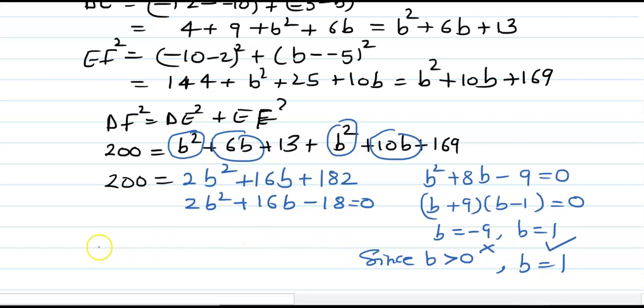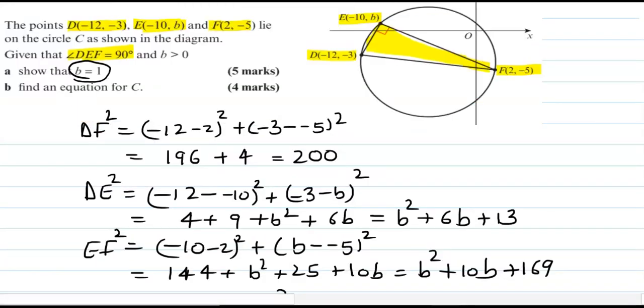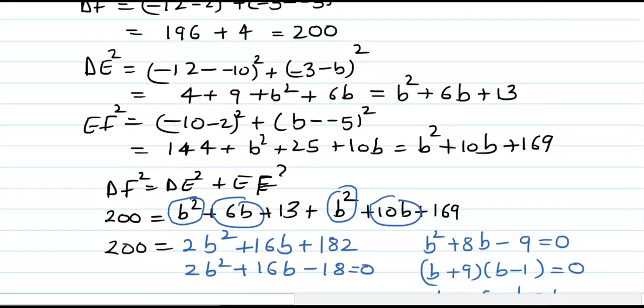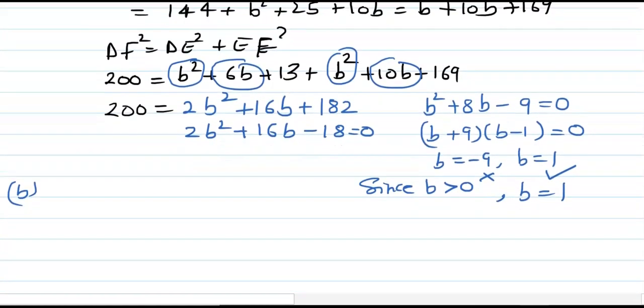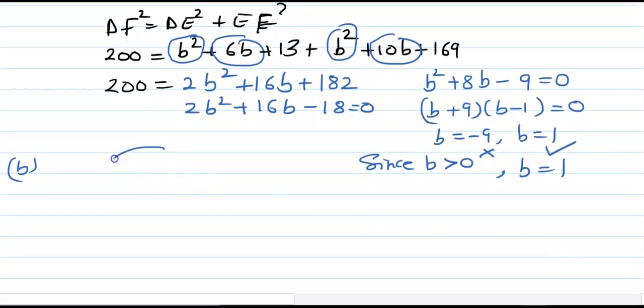That's the first part. Now for the b part, they are asking to find the equation of circle C. So what we need to do now: we have points, we have diameter.